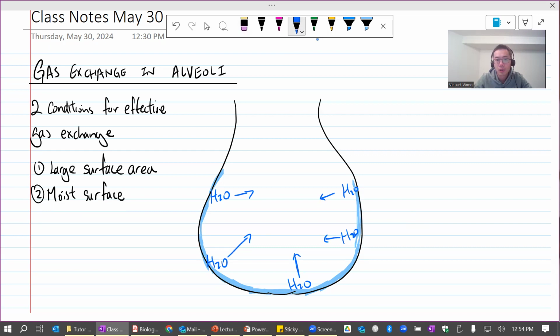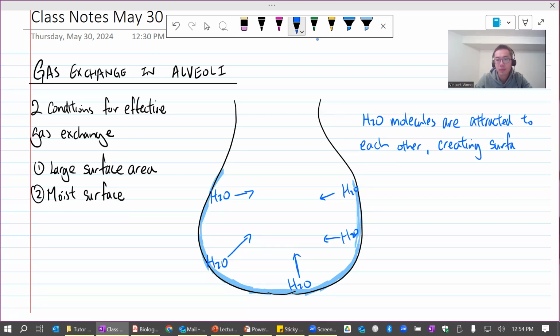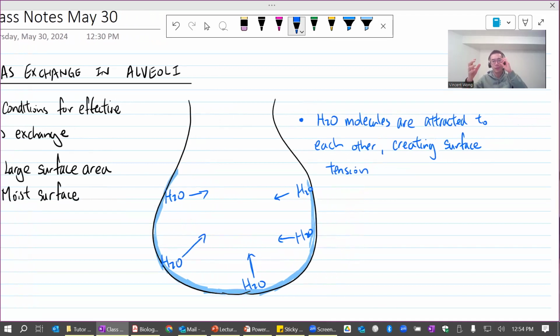H2O molecules are attracted to each other, creating surface tension. That means the alveoli will kind of collapse, right? It will get pulled together because of the water attraction.